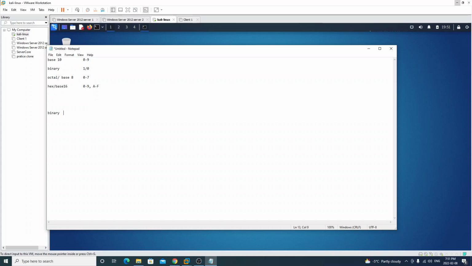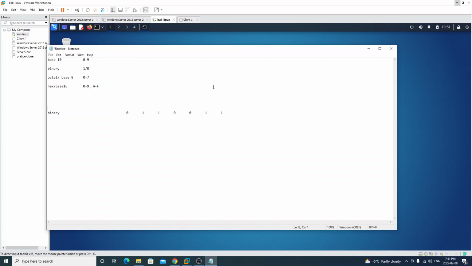So if we say we have a binary of, let's say, 0 1 1 0 0 1 1, how would we calculate this? How do we know what this is in decimal form, so that way we actually know how to read it?